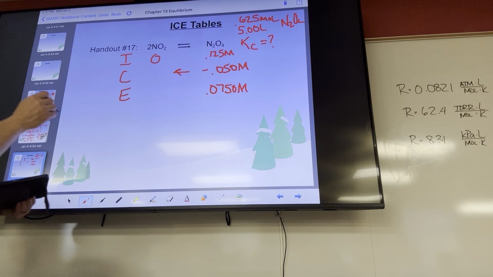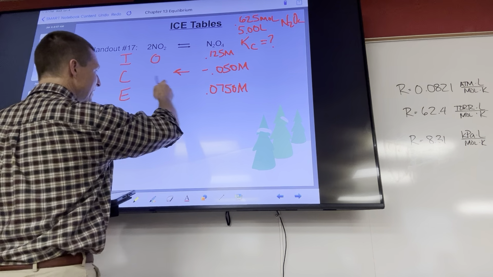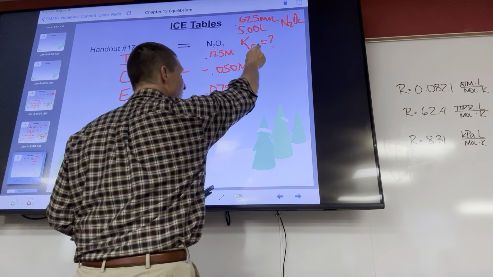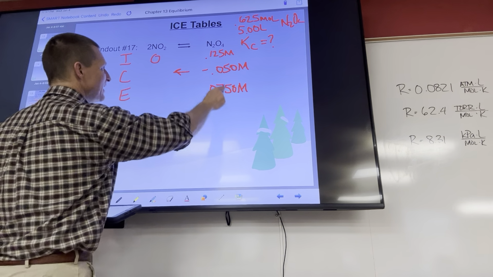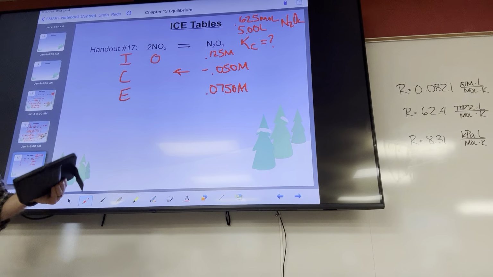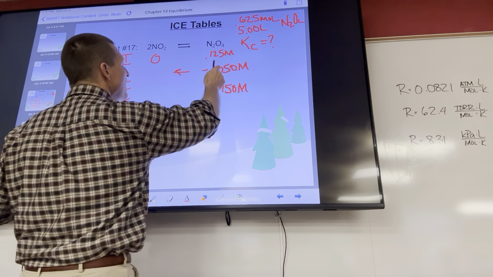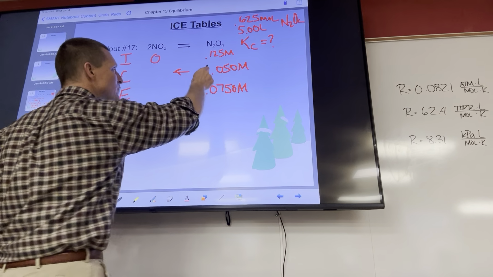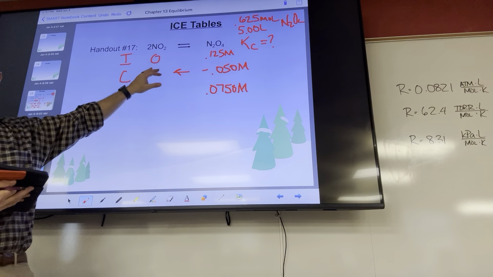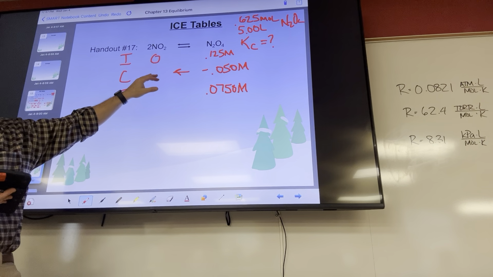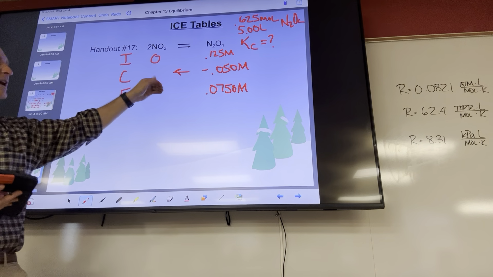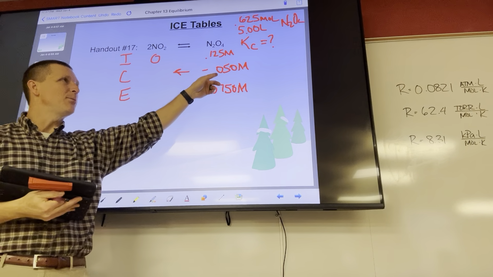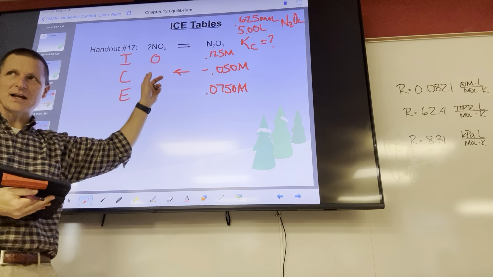I don't have a box on this one because the question is not asking me about any equilibrium concentrations. It's asking me for what the Kc value is. So if we want the Kc value, we need everything in here, which we can easily find from our ice table, because if I know that I used up 0.05 molarity of N2O4, how much NO2 got made? If it went to the left and I used up 0.05 molarity of that, how much of that got made?